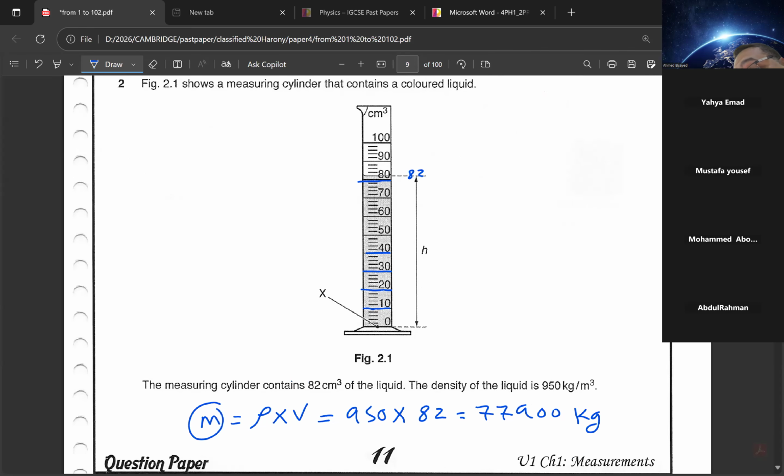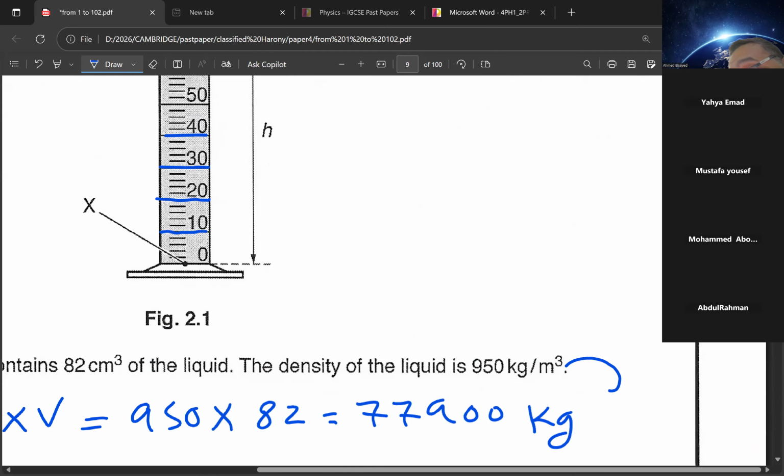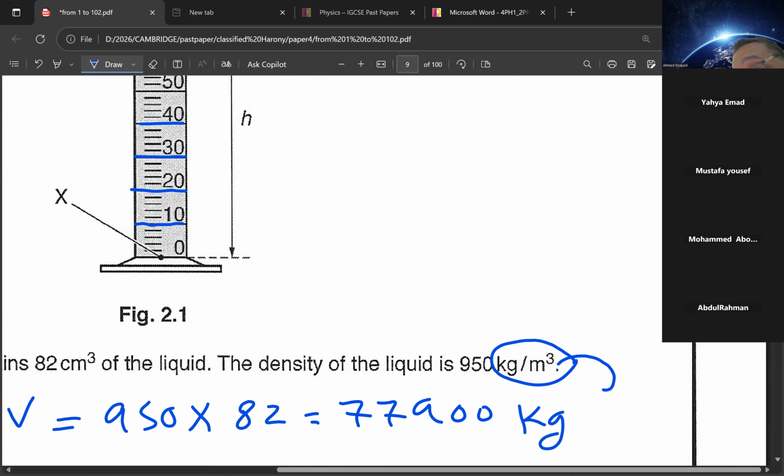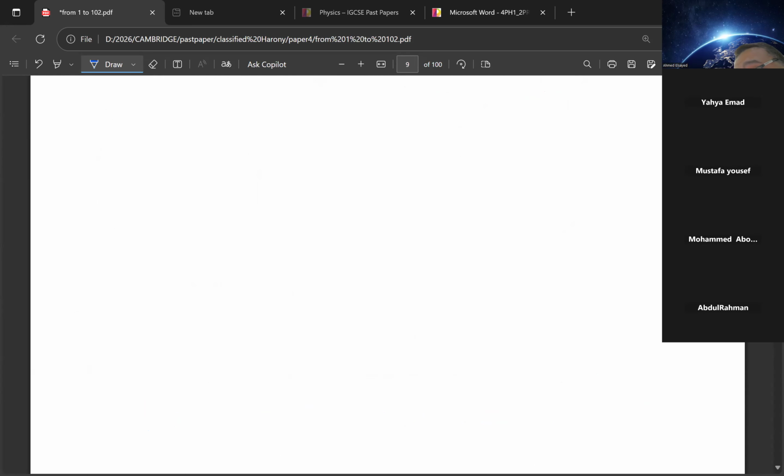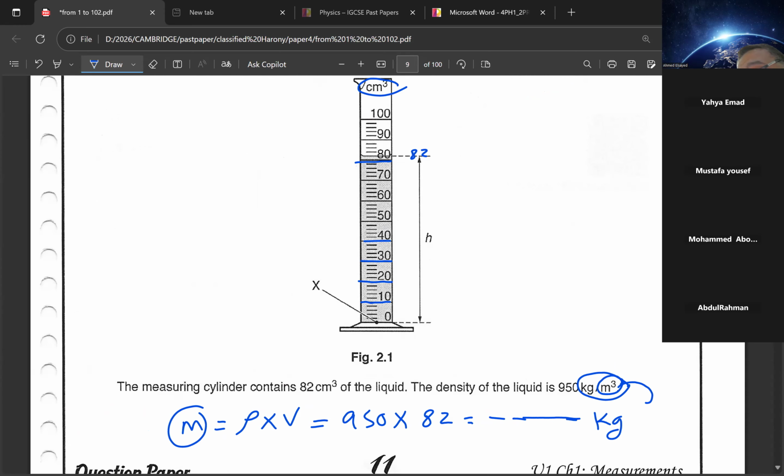Of course. Look, Abdurrahman, in the unit of the density, the volume is in meter cube, but in the question, the unit is centimeter cube, so you have to convert. Will you convert mass or volume? Volume. Okay.